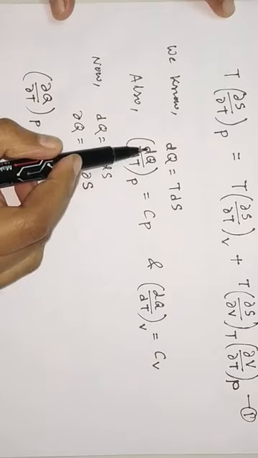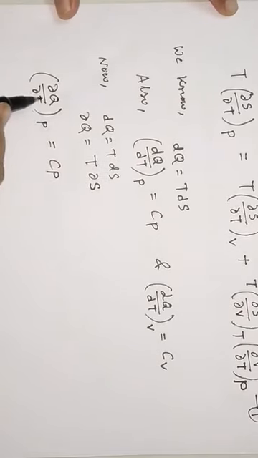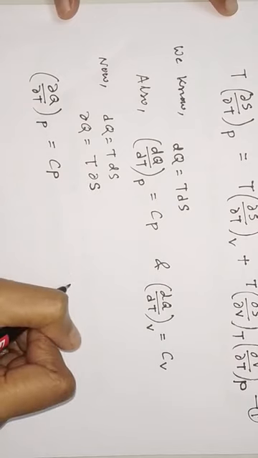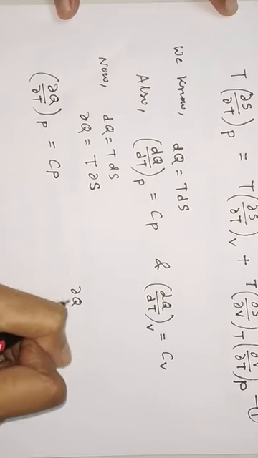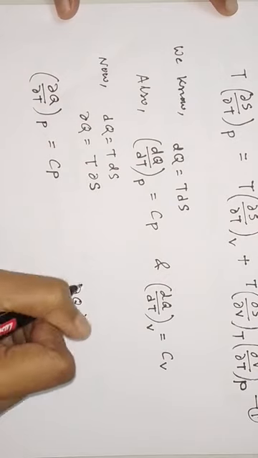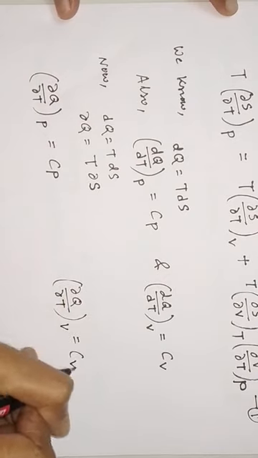Instead of dq/dT I am writing del q/del T, and del q/del T at constant V will be Cv.